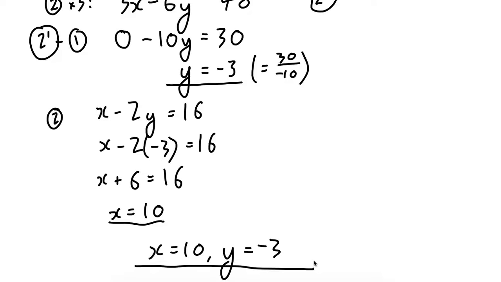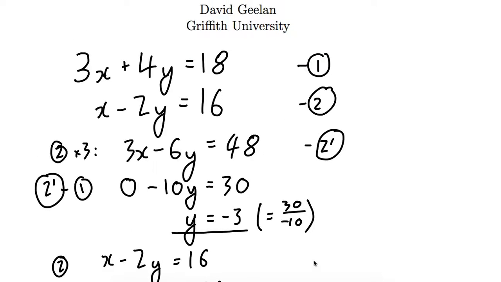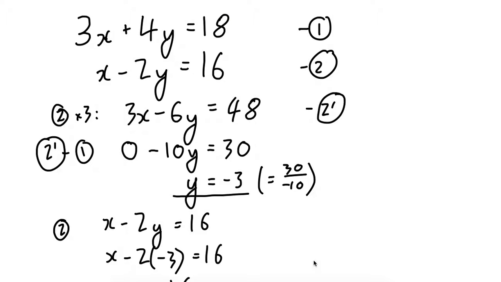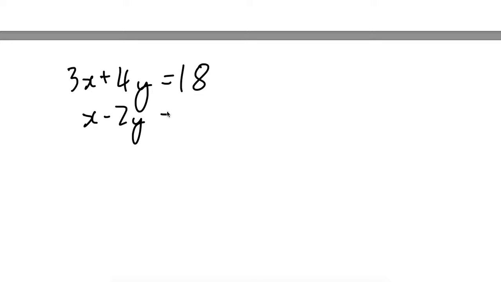Just for fun, let's go to the next page and do it the other way around, just to see, because it will still work. I'll rewrite our equations so we've got them. So 3x plus 4y equals 18, x minus 2y equals 16.